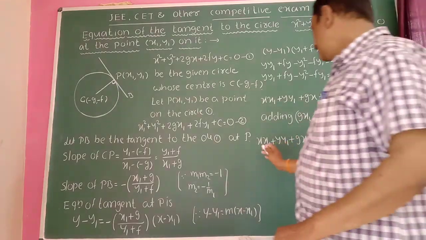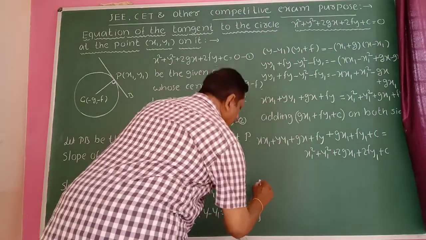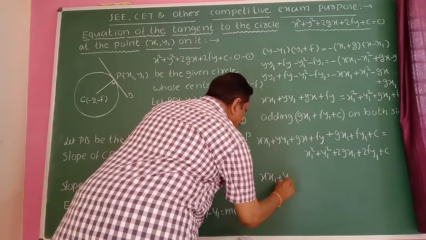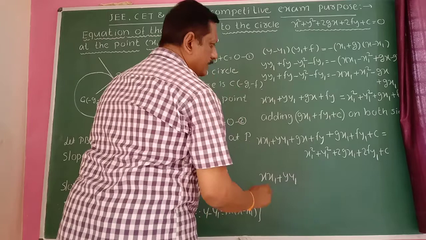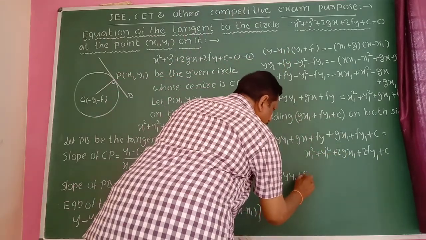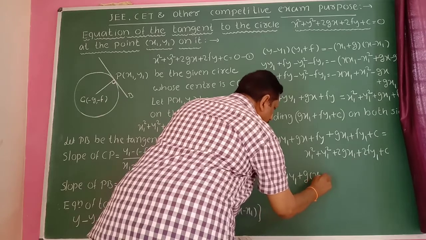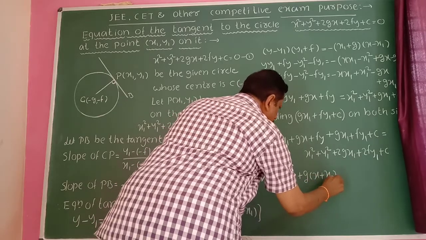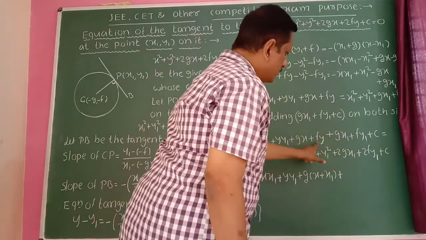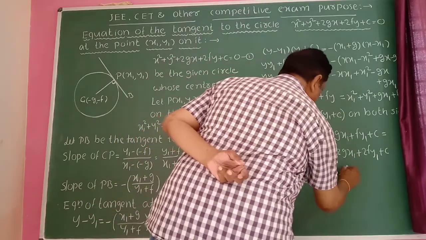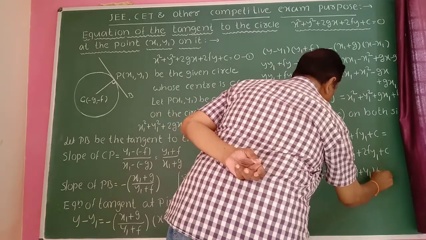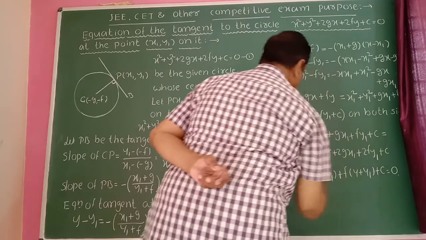Then the left-hand terms: x1 and y1 are there. So x plus x1, from this term and this term, g is the common factor. So g into bracket x plus x1. Then here and here, f is the common factor, so f keep outside: y plus y1, plus c is equal to 0.